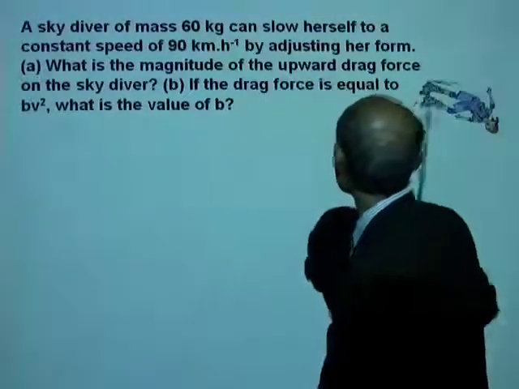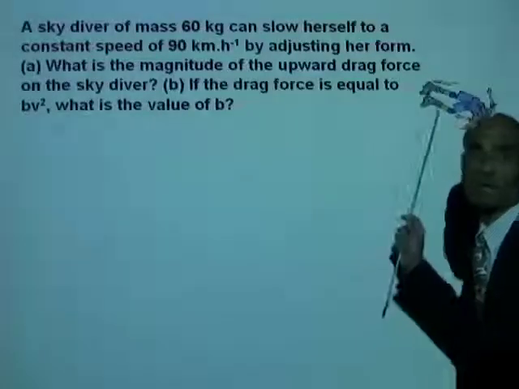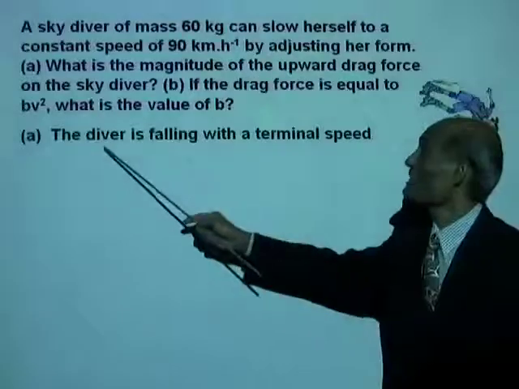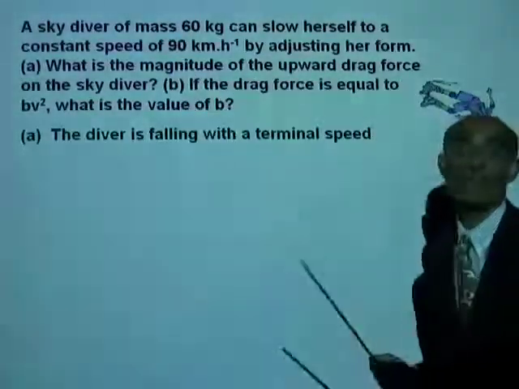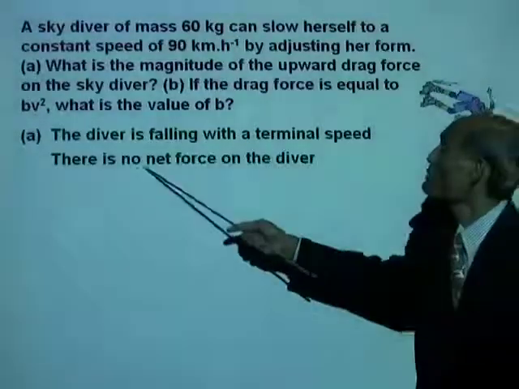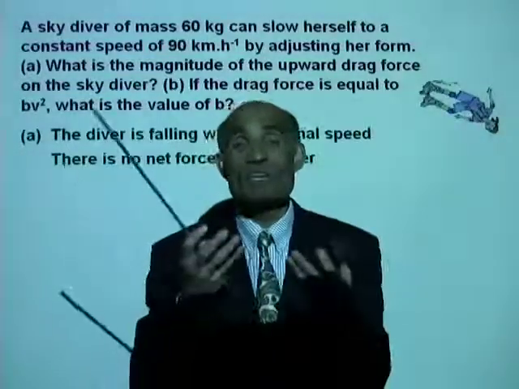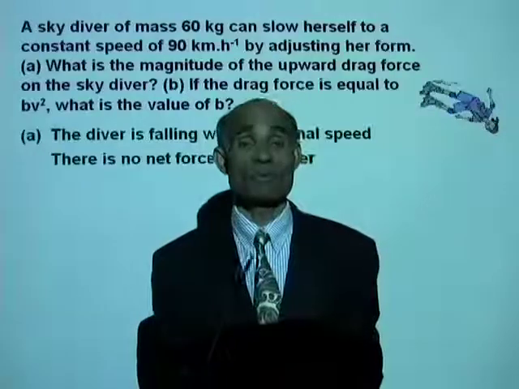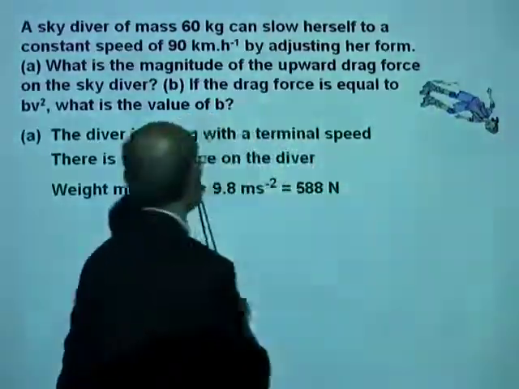Alright, let's do that. Now here's the skydiver. Well, I got a poor picture for her, but I think you will excuse me for that. The diver is falling with a terminal speed of 90 km per hour. Now, there is no net force on the diver at that time. When the speed is the terminal speed, there is no net force. That means the weight acting on her, what is her weight?